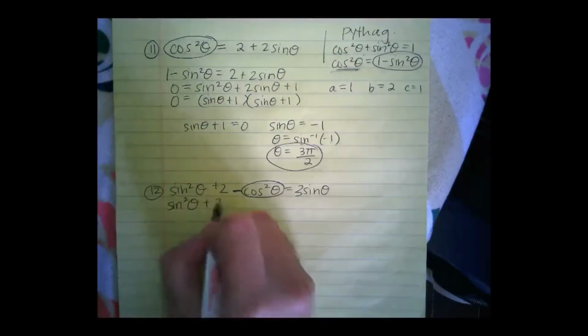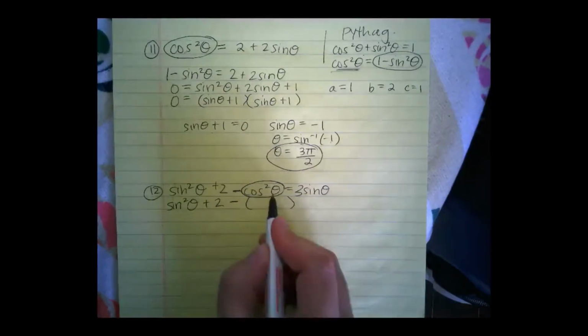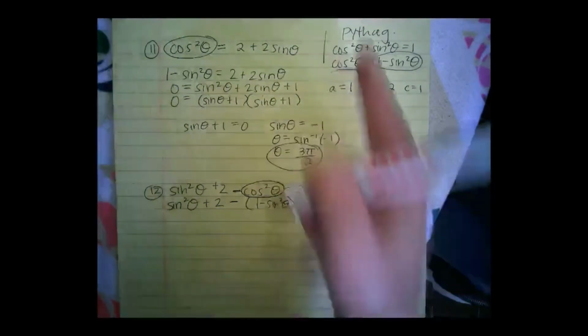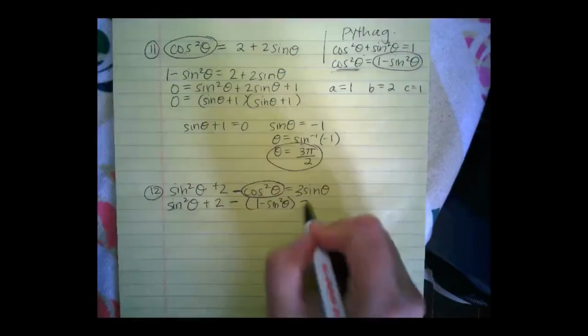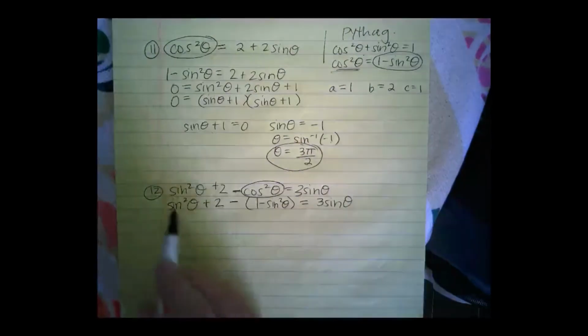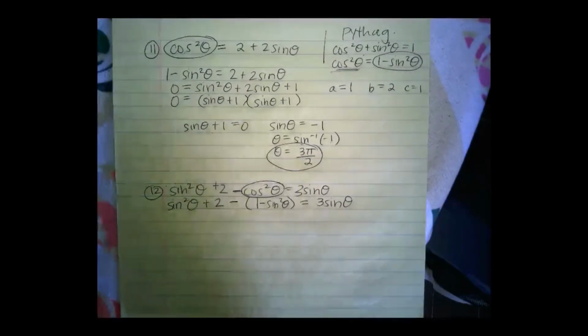Keeping the first term, keeping the second term, I'm subtracting. I'm turning cosine squared into two terms, 1 minus sine squared, just by manipulating the Pythagorean identity. That still has to equal 3 sine of theta. So I'm not changing any values in the equation. All I'm doing is rewriting it in a way that makes my job, which is solving it, easier.